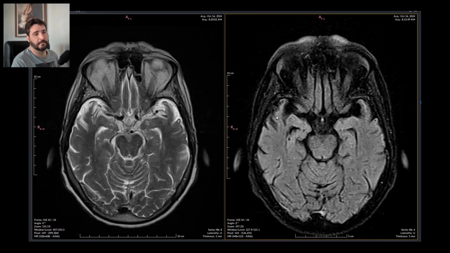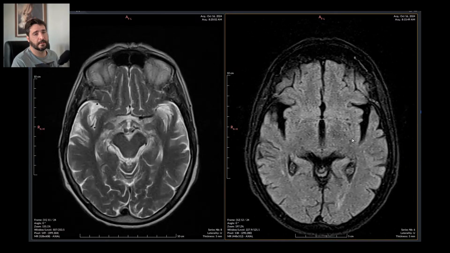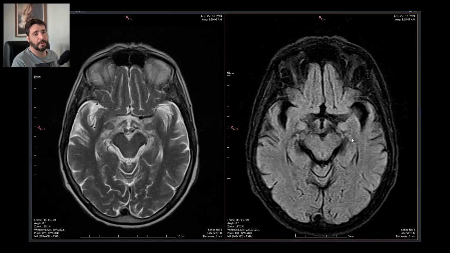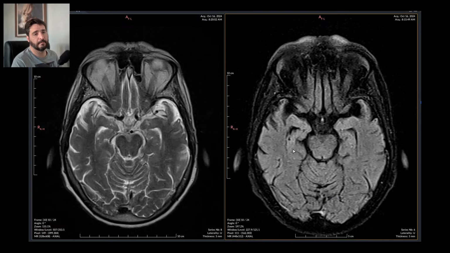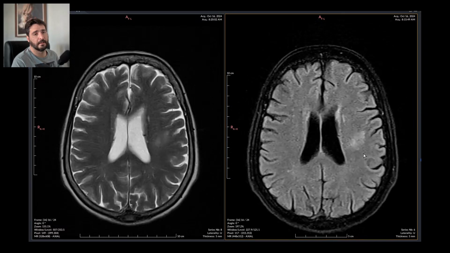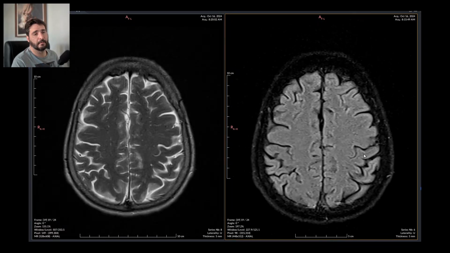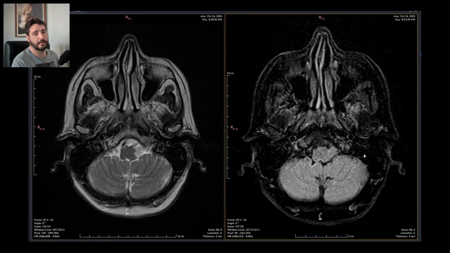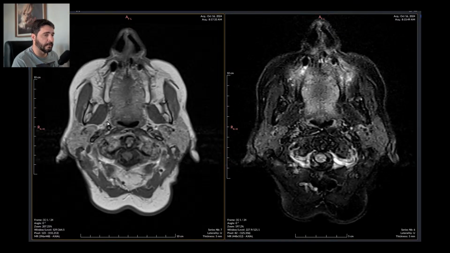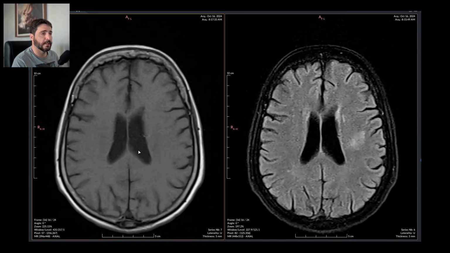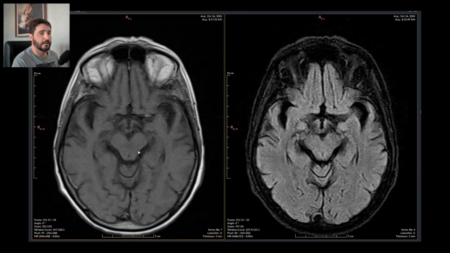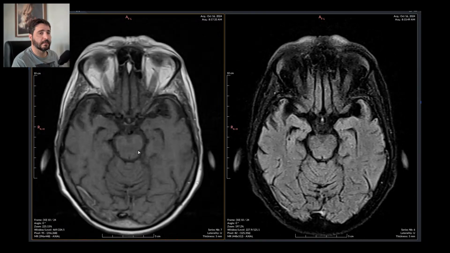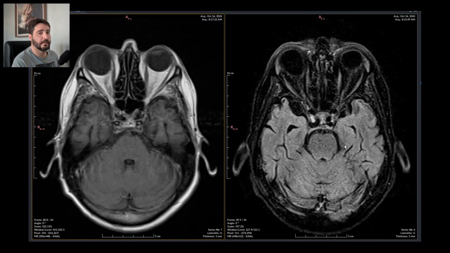The atrophy is most prominent on the polar regions of the temporal lobes and the mesial temporal regions. So it makes sense with the complaints of memory loss. The amygdala is also affected.